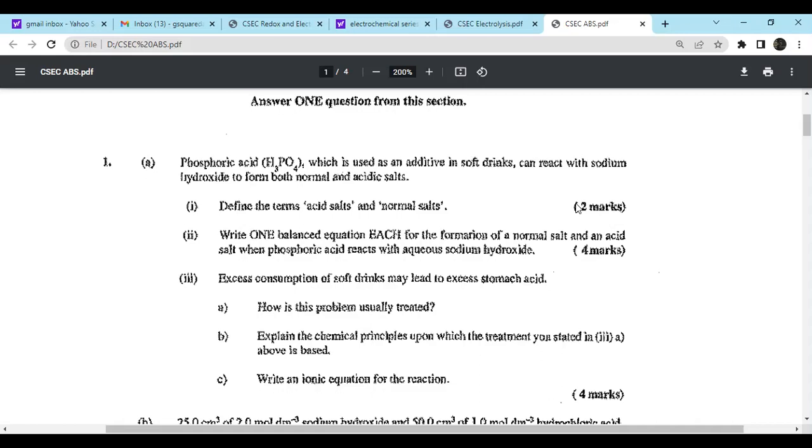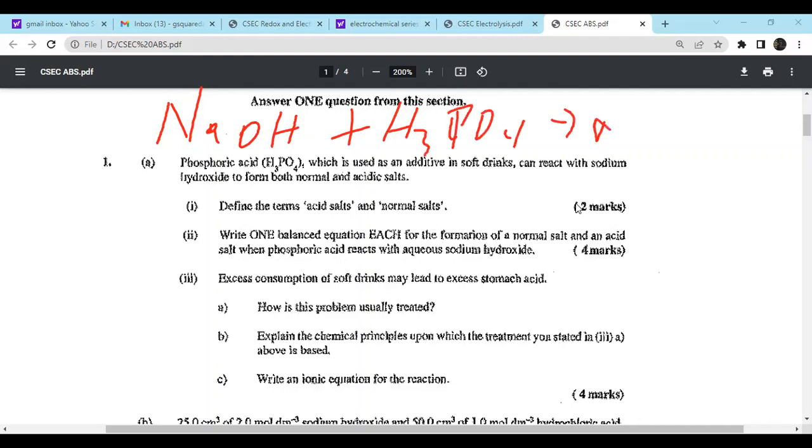Write one balanced equation for the formation of a normal salt and an acid salt when phosphoric acid reacts with sodium hydroxide. So what they're really asking you to do here is write one for the normal salt and one for the acid salt. So let's write the normal salt first. Sodium hydroxide will react with phosphoric acid, H3PO4, to give sodium phosphate plus water.